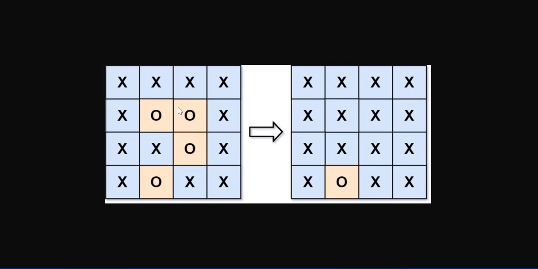If that cell is not on the border, we can definitely flip it. So it's an easy question if there was not the twist of the O at the border. We can easily flip the O's which are not on the border of the matrix or board.